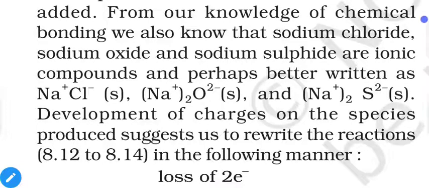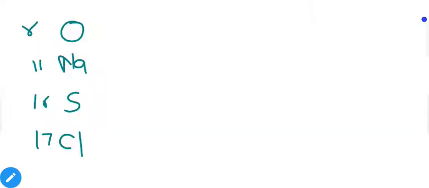But still, let's quickly give the oxidation states of each element mentioned here. We have four elements: oxygen, sodium, sulfur and chlorine in these three reactions, and all of their atomic numbers are mentioned along with the symbols. The next thing is to find the nearest noble gas to each.